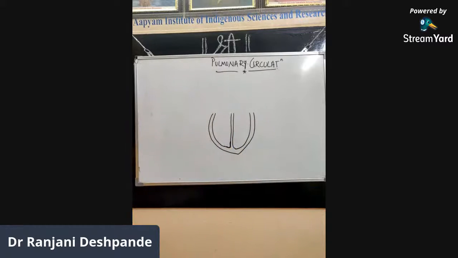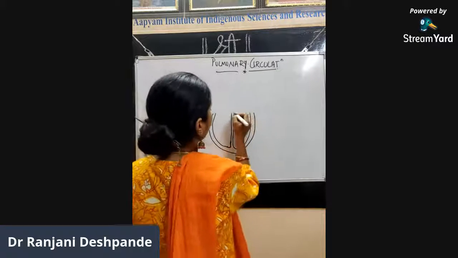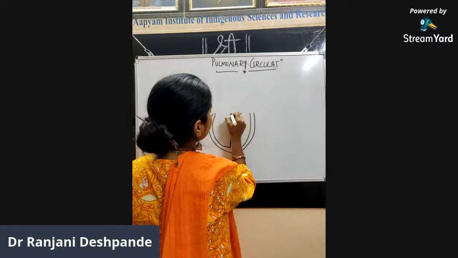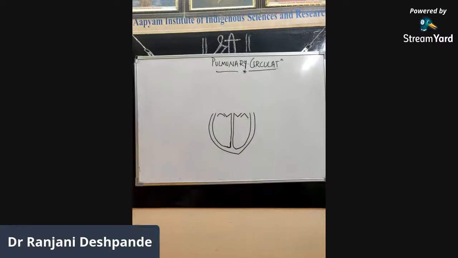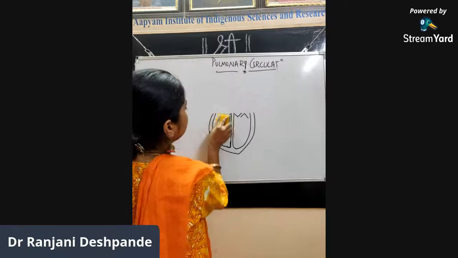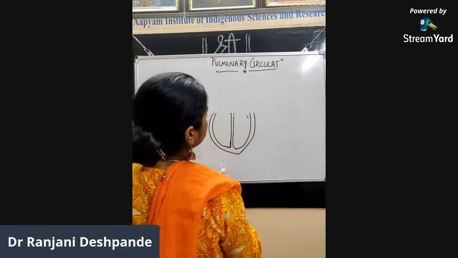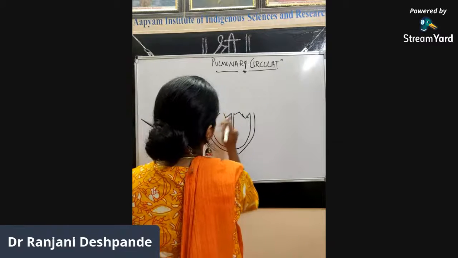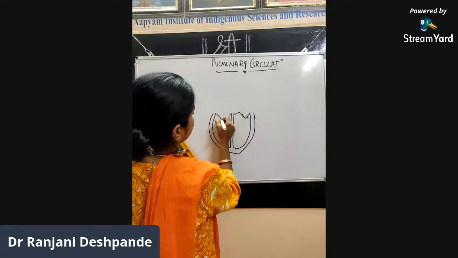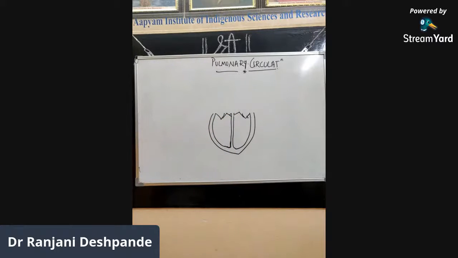We have the right ventricle, the left ventricle, and now we have the valves, the semilunar valves and the mitral and the tricuspid valve.